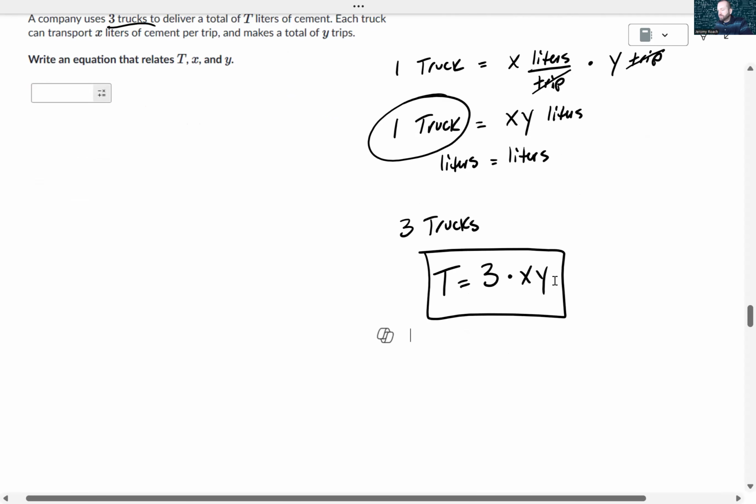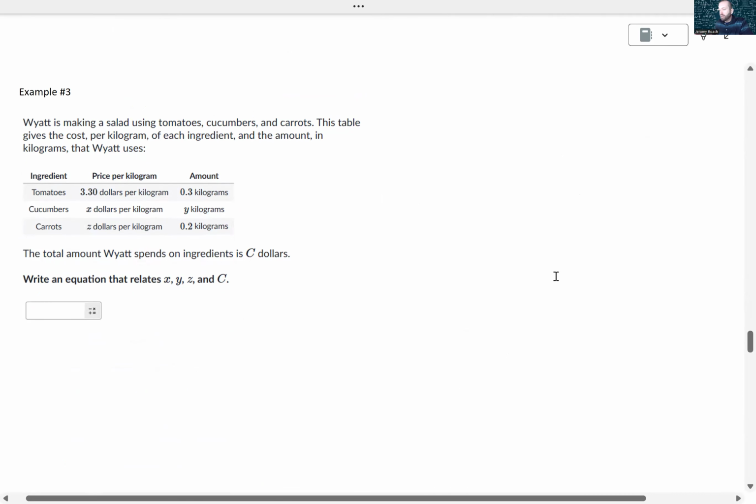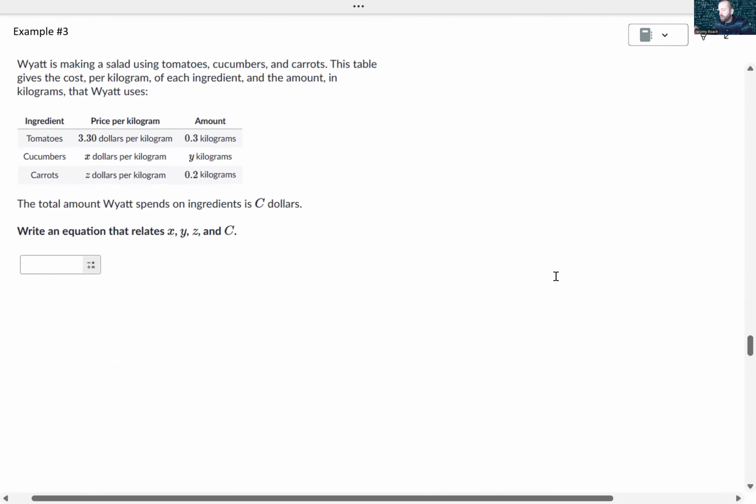All right. I like this next example. I think this next example illustrates very well how we can use table data to write equations for multiple variables. So this person is making a salad with these different ingredients, and the table tells us the cost per kilogram and the amount that this person is using for their salad.